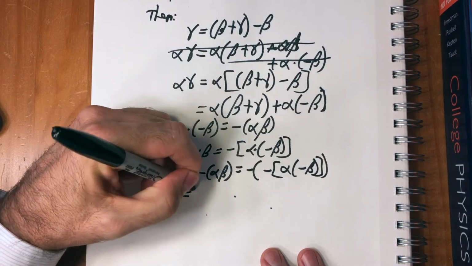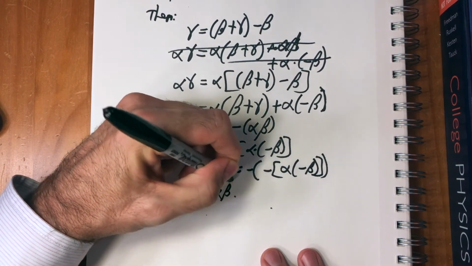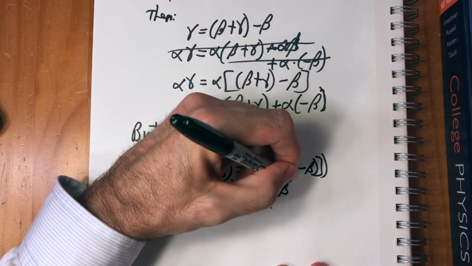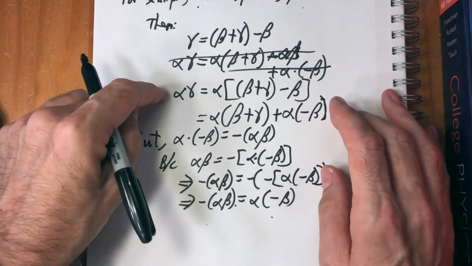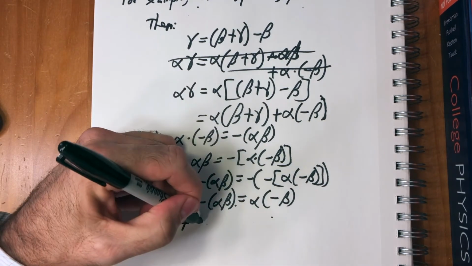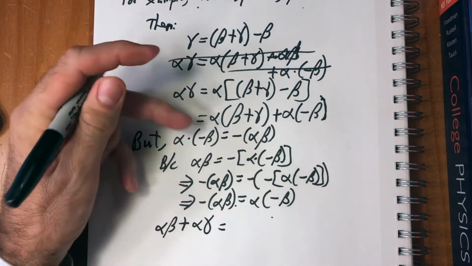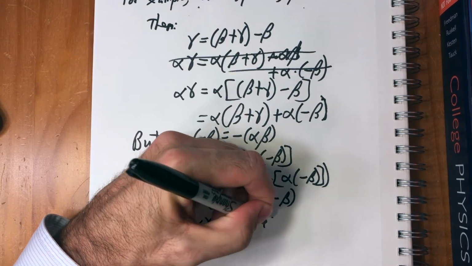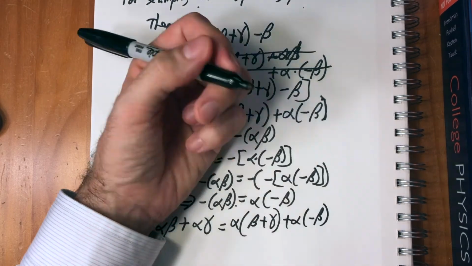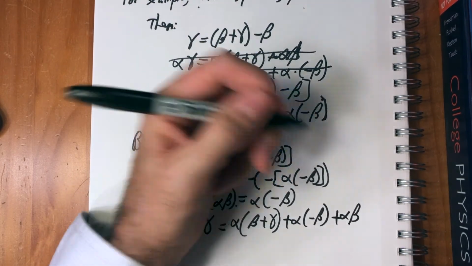Now again, we can use our rule again, get rid of the two minuses, and we end up with alpha times minus beta. So now going back up here, we can take this one and add alpha beta to both sides. So we have alpha beta plus alpha gamma equals alpha times beta plus gamma plus alpha times minus beta plus alpha beta.